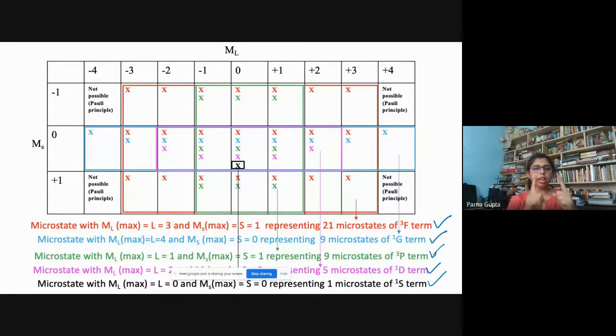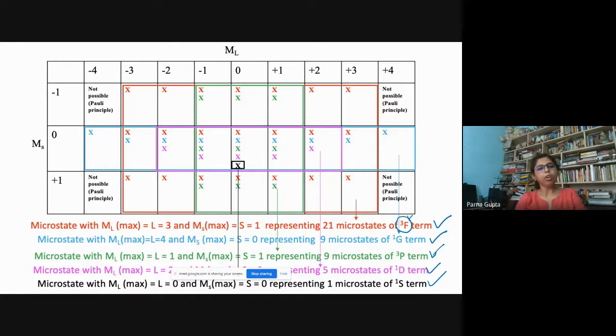If we just take these terms, let's say the ground term becomes 3F. Let me consider that the ground term is 3F. Once the 3F is excluded, we have the other four terms. Then we can apply the same rule, the greatest multiplicity and then the greatest L value.